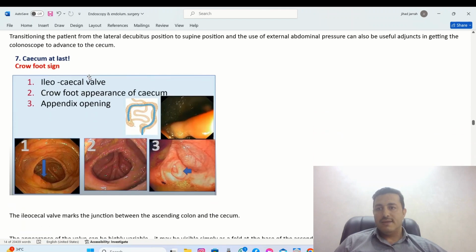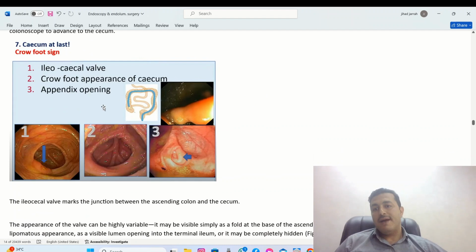So what else? We reach the cecum, and there are three distinct features of the cecum. First is the ileocecal valve. You see it over here. The ileocecal valve is actually a lipomatous fold of fat with yellowish discoloration. The valve itself is usually hidden, but you can see the fat over here, the yellowish discoloration.